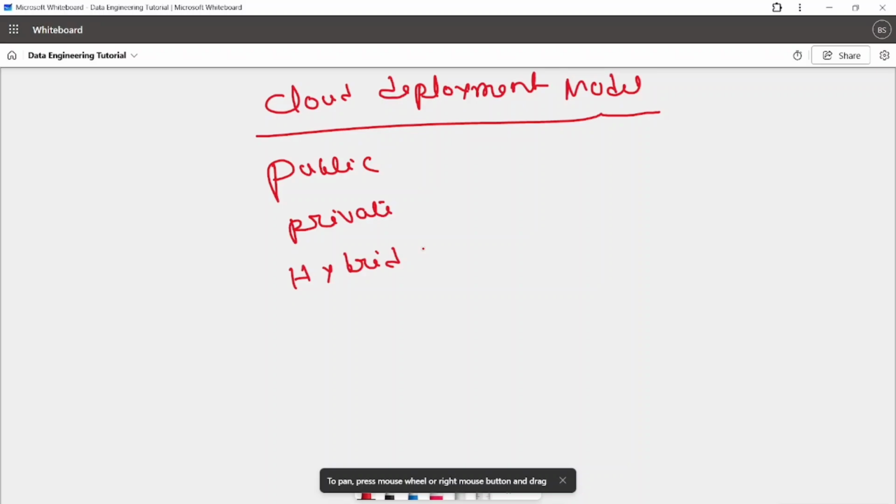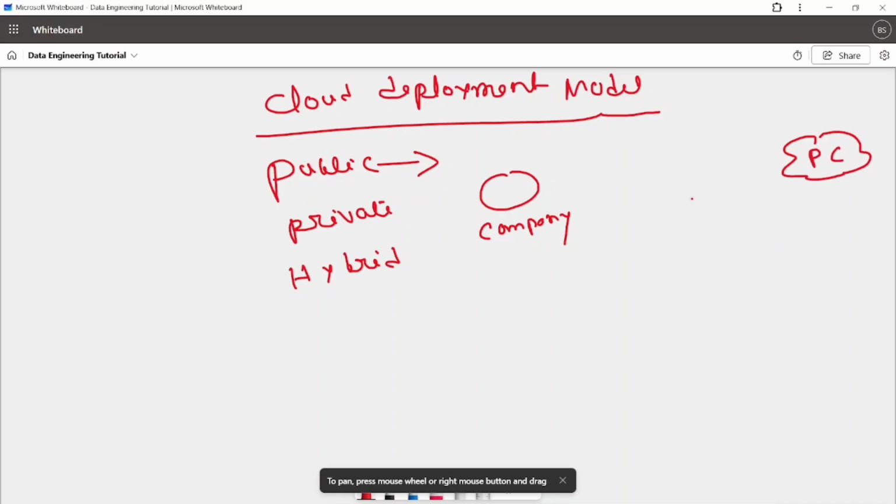If the cloud provider provides services to companies and also to individuals, then we can call it a public cloud. They will give services to the company, and they will give services to the individual also. For example, here this is the company, and this is the public cloud.